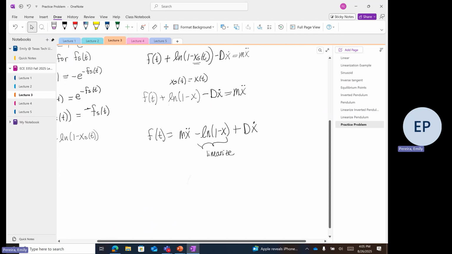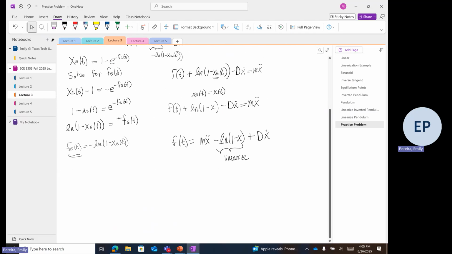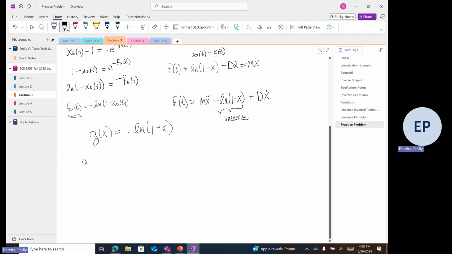All right. So let's call this g of x. This is equal to our natural log of 1 minus x, and we want to linearize g of x. So g of x is approximately equal to g of x bar plus the derivative of g at x bar times our interval.